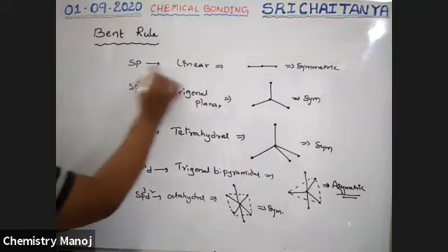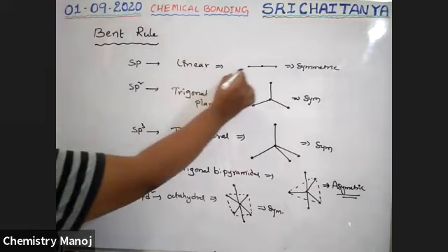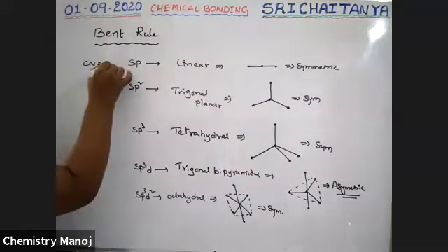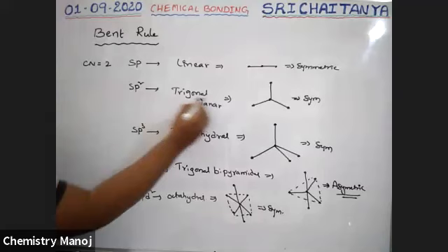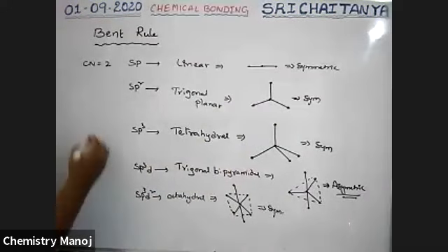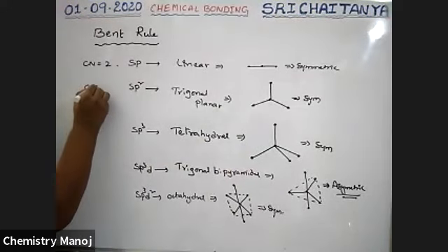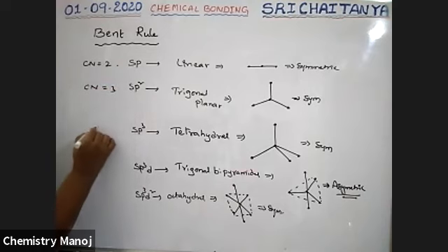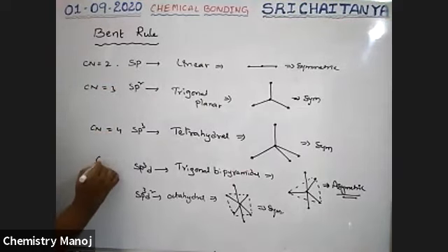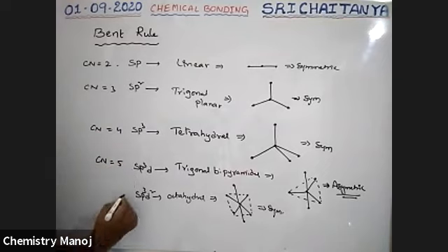See guys, here 2 attached atoms, that's why coordination number here is equal to 2. Here 3 attached atoms. The number of atoms around the central atom is the coordination number. Here coordination number is 3, here 4, here 5, here 6. These are the coordination numbers.